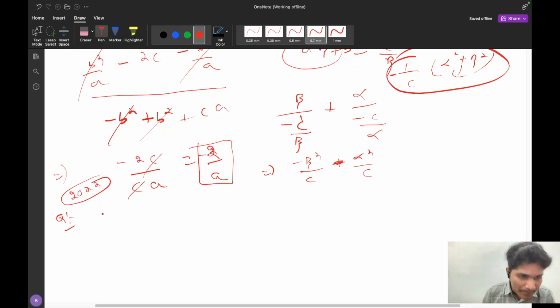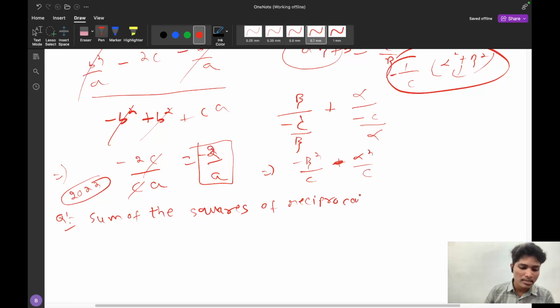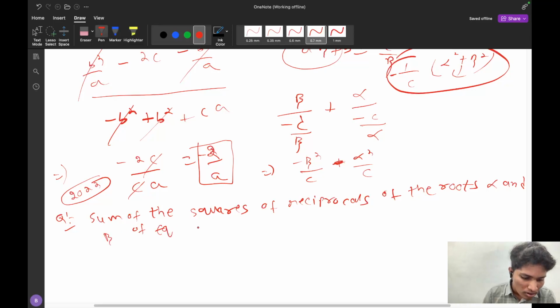The question is asking: the sum of the squares of the reciprocals of the roots alpha and beta of the equation 3x square plus lambda x minus 1 is equal to 0 is 15.